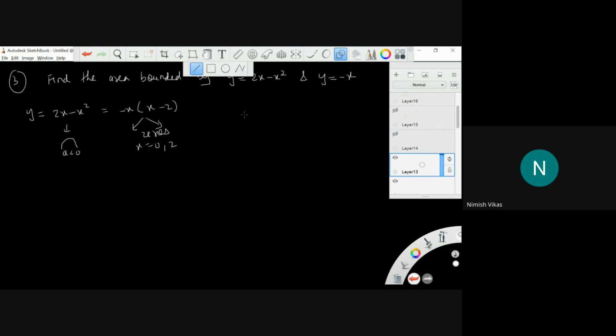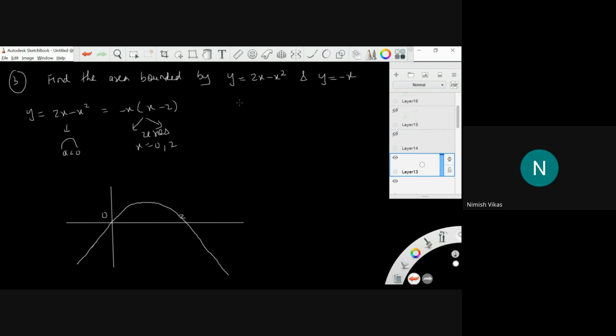So we'll draw the graph. The graph is a downward parabola meeting at 0 and 2. So it goes like this. Next is the line y is equal to minus x.